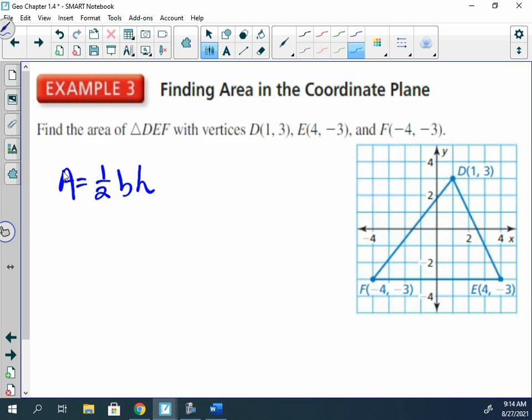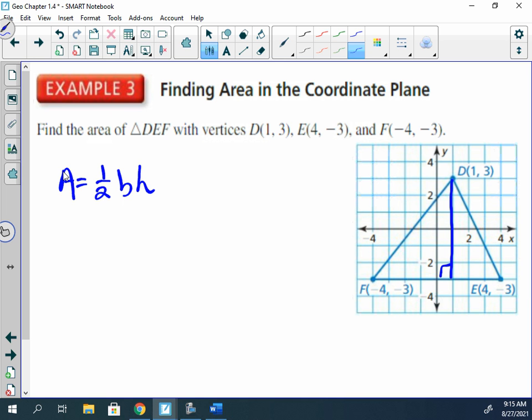Now the height of a triangle is always going to be from a vertex, one of the spots where two sides meet, straight to the other side. Now this could be a side. If it's a right triangle, it's going to be one of the side lengths. But like this one here, since none of the vertices makes a straight line down, this here will be the height, the altitude of the triangle.